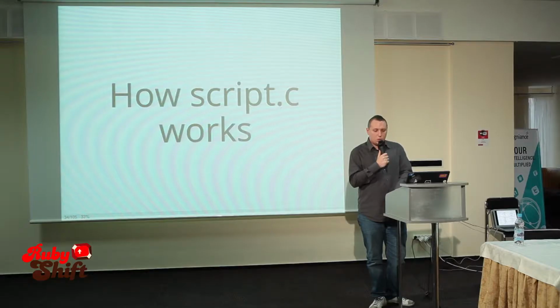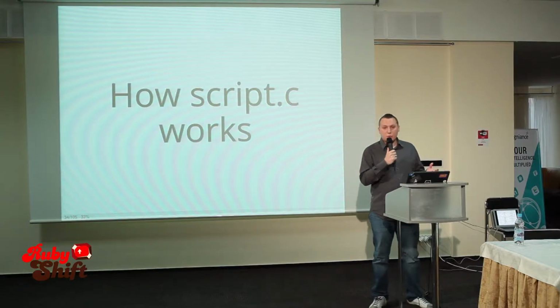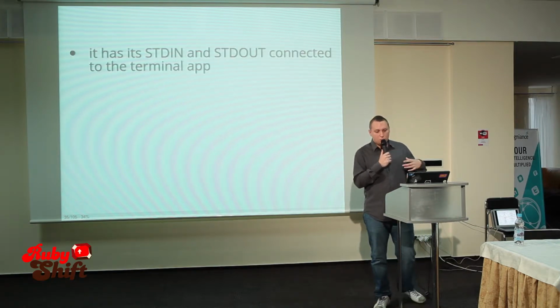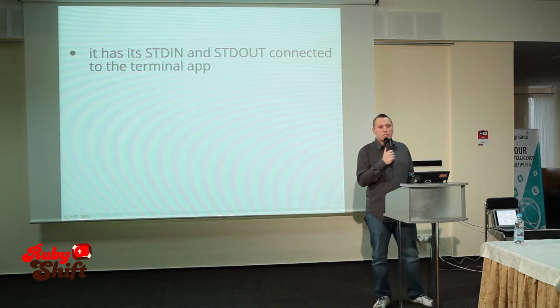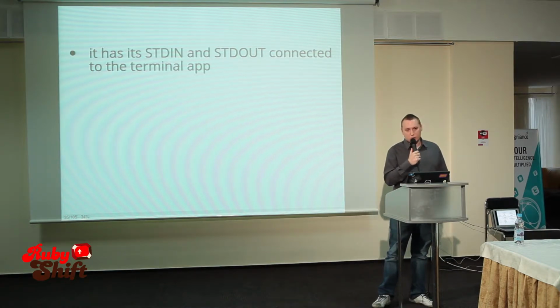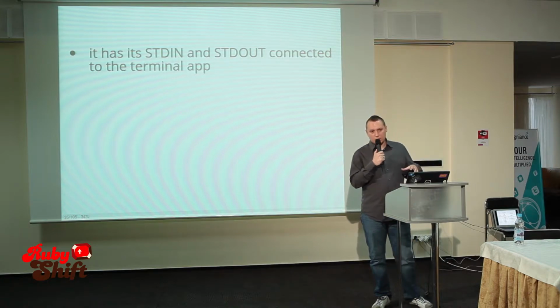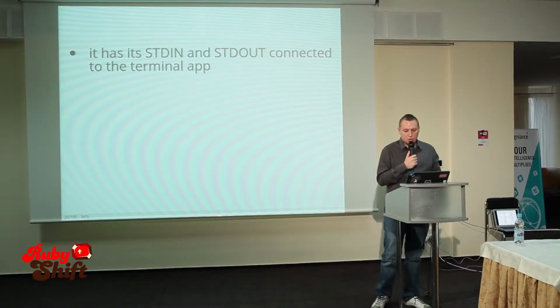What does it mean that it creates a pseudo terminal? When you run the script command, it has its standard input and standard output connected to the terminal application. So the keyboard is connected to standard input, and standard output is connected to the area that draws the characters.